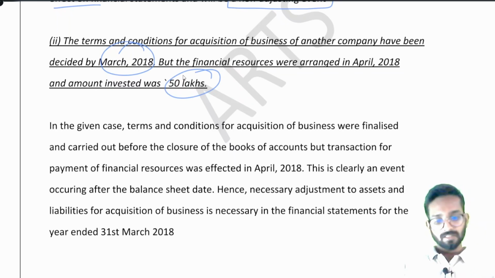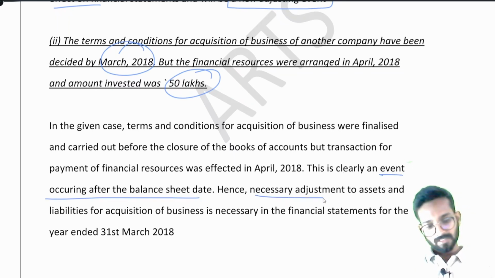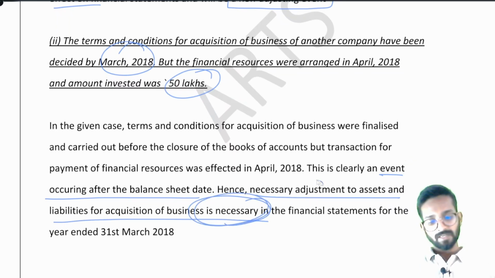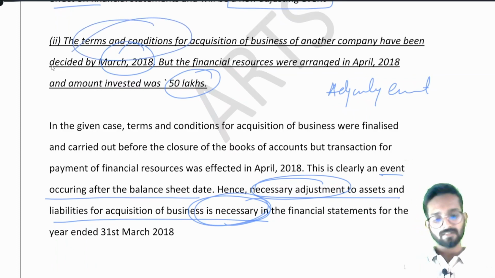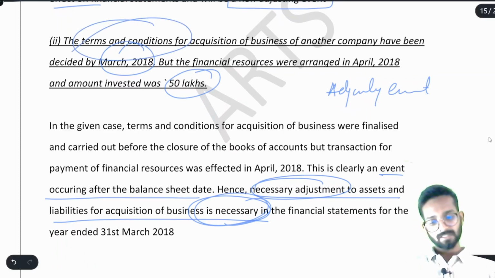So you can say that it is an adjusting event. How? See, this is clearly an event occurring after the balance sheet date. Hence, necessary adjustment to a certain liability for the business is necessary. It means this is the adjusting event. Understood? Because the condition was already there. Terms and conditions are already finalized. So you can say it is the adjusting event.